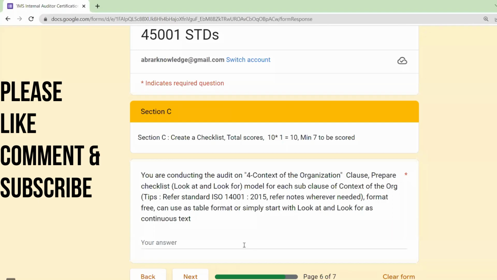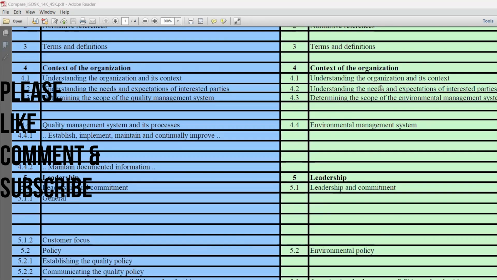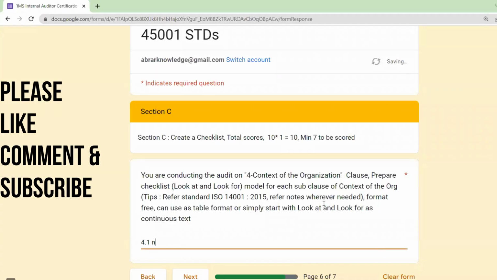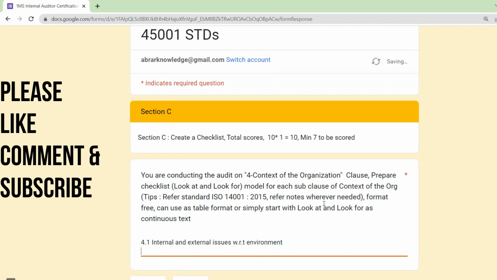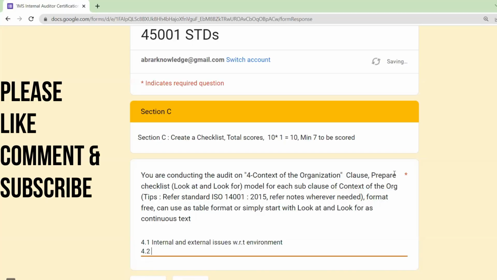Let's say I'm just giving short form here, 4.1. So here in 4.1, we need to understand the organization's context, right? Internal and external issues with respect to environment, right? And 4.2, I can say understanding the needs and expectations of interested parties.